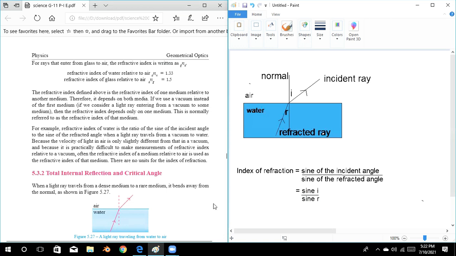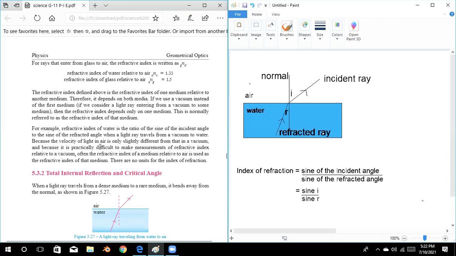Here, for example, the refractive index of water is the ratio of the sine of the incident angle to the sine of the refracted angle when a light ray travels from a vacuum to water.